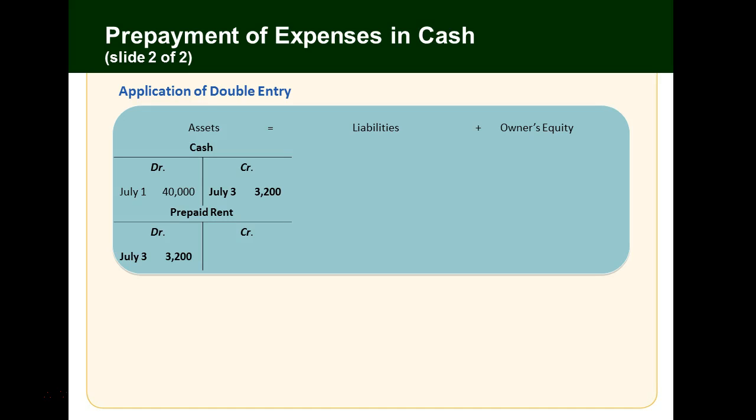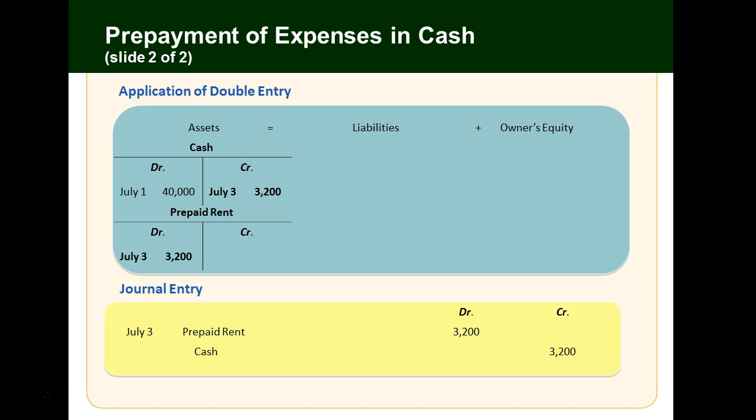Let's look at this though, guys. Assets will always equal liabilities plus owner's equity. We know in every transaction, debits have to equal credits. Do you see in this journal entry, we debited something? And we also credited something? Do you see? We didn't even deal with the other side here, the liabilities or the owner's equity.